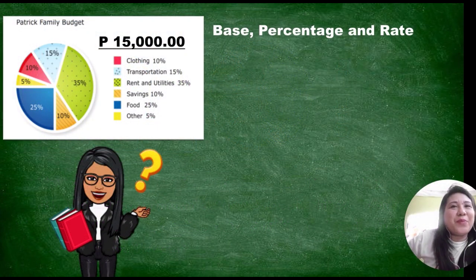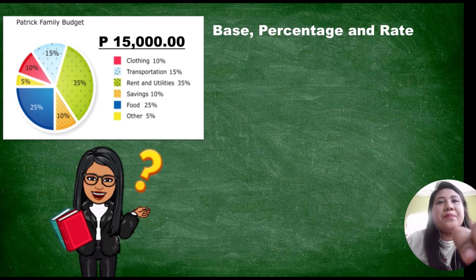Based from the problem about Patrick, 15,000 is the base, and clothing, transportation, rent and utilities, savings, food, and others represent the rate. So given are the base and the rate.